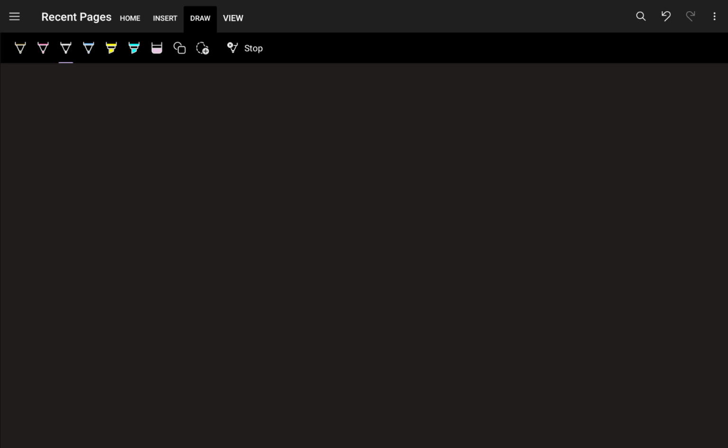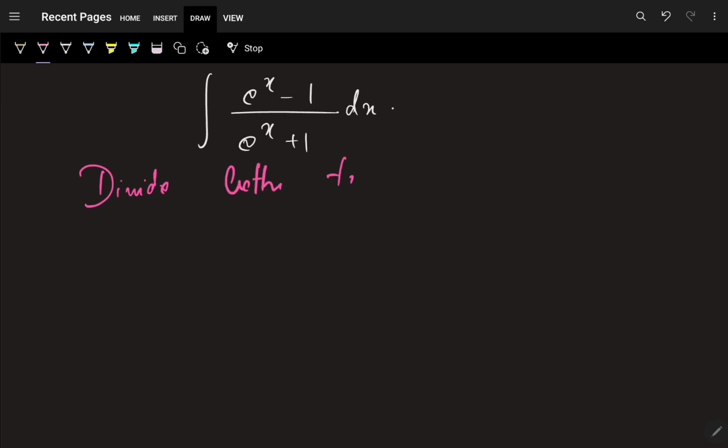Okay, so we have a question: integral of e to the power x minus 1 divided by e to the power x plus 1 dx. Over here we don't directly spot any derivative, but if you divide both top and bottom by e to the power x, so if you do so, let's make it 2x and 2x over here: e to the power 2x minus 1 upon e to the power 2x plus 1 dx.